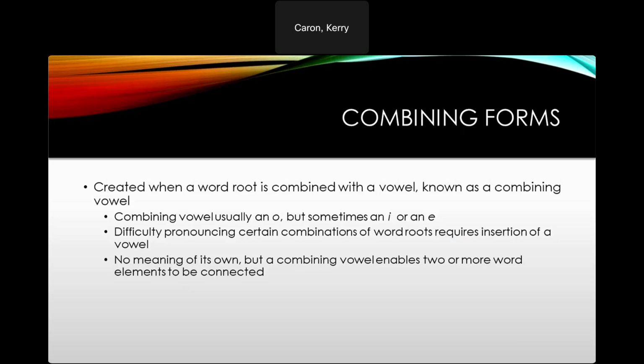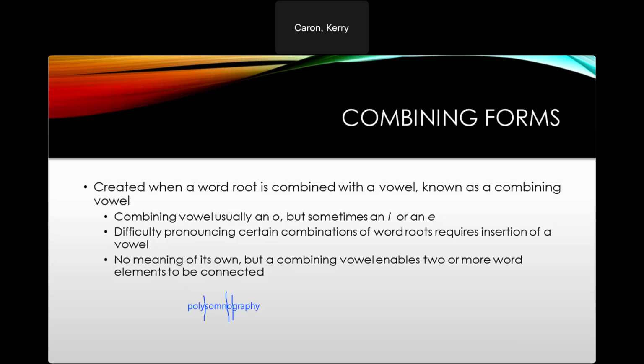Okay. So combining forms. Let me go ahead and put my example down here, polysomnography. Somno is the combining form.